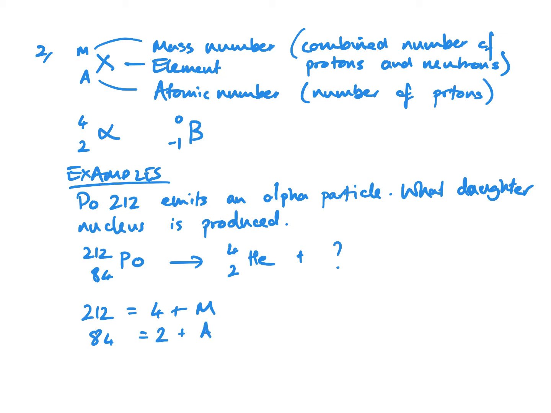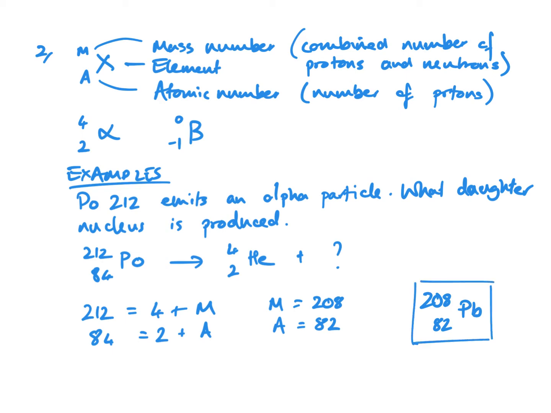So rearranging them, we get m equals 208 and a equals 82. And if we use the 82, we go and look up the periodic table, which tells us it's lead. So our final answer for the daughter product is 208, 82, and from the periodic table, Pb. So that's our daughter nucleus.